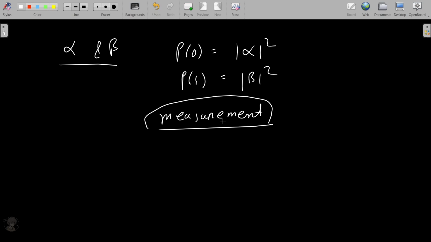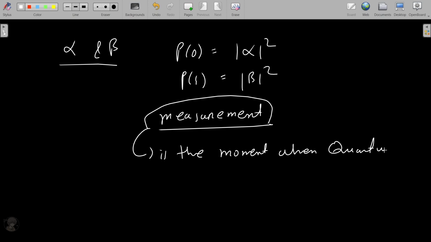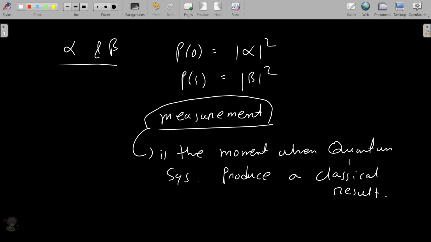Measurement is the moment when the quantum system produces a classical result.